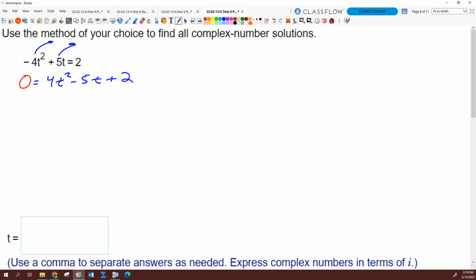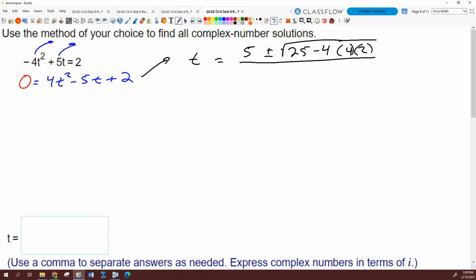Okay, so it's in standard form. So now how am I going to solve that one? Quadratic formula, for sure, right? So quadratic formula of not x, t. T equals... four times 2. Yeah, good. Okay. All over 8. Excellent.